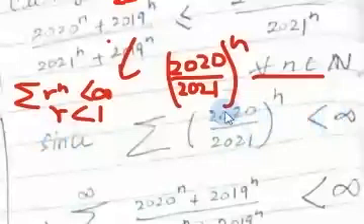Because this number is positive and less than 1. This is convergent, we call. So this series is convergent. That means if you sum this up all the way to infinity, you get a finite value, not an infinite value, right?